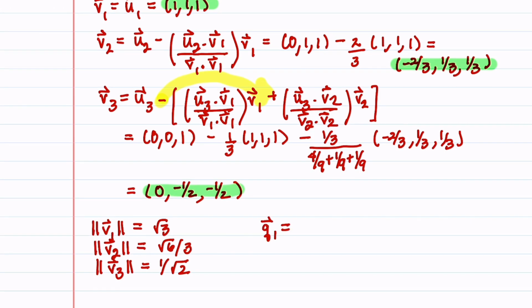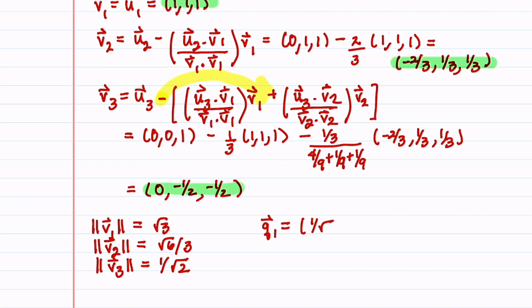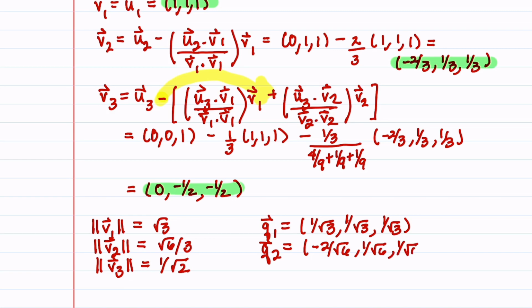Our orthonormal vector q1 is going to be v1 divided by √3. So this is 1/√3, 1/√3, 1/√3. Our q2, when all the smoke clears, becomes minus 2/√6, 1/√6, 1/√6.